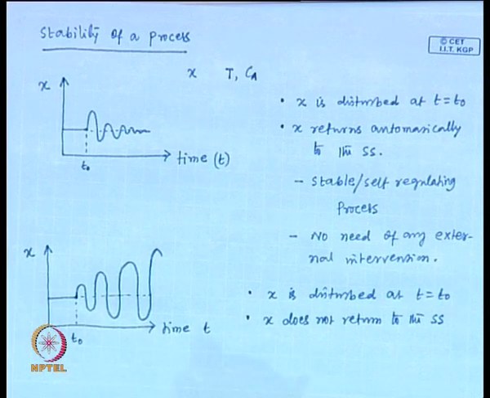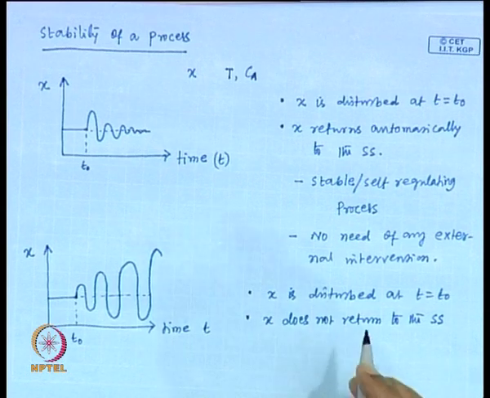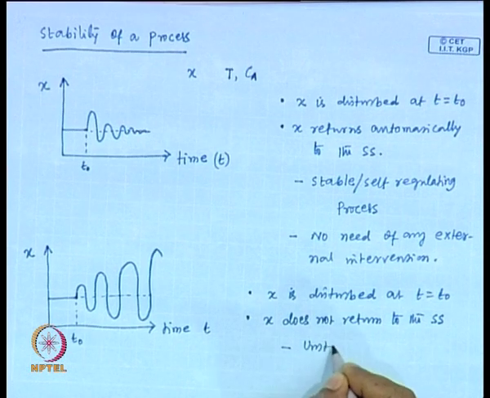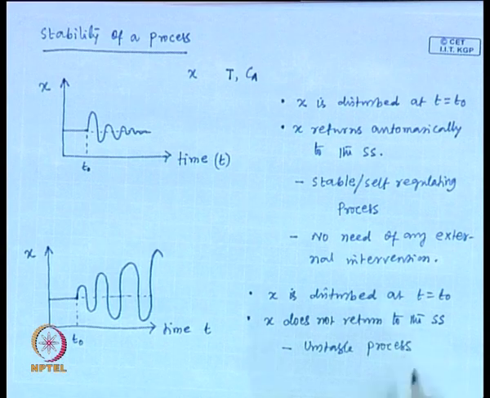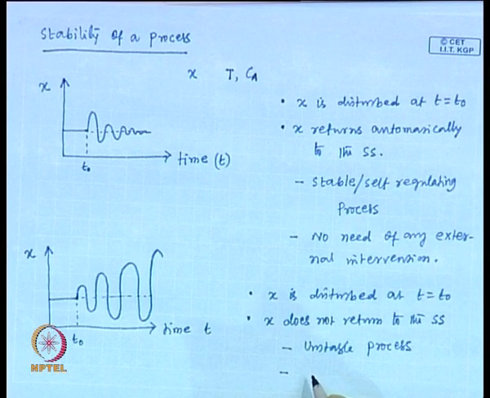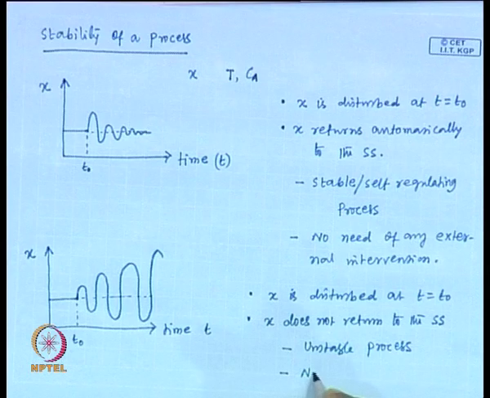This figure clearly indicates that x does not return to the steady state, and this type of process is called an unstable process. This type of process is called an unstable process, and for this process there is a need of external intervention.